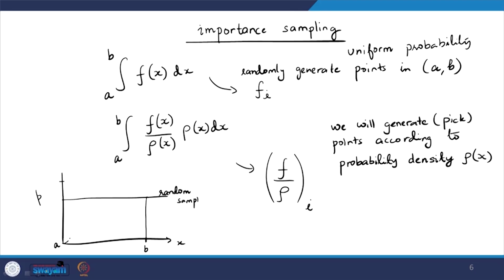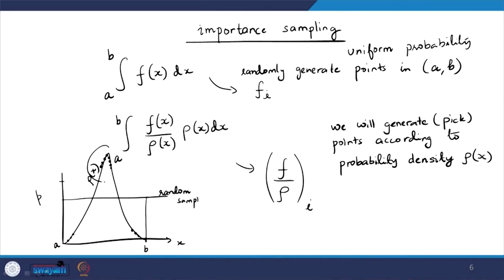Now, I can imagine any kind of a weighting function. So, this becomes my rho of x, and I will generate points according to that. So, that would mean that I will generate fewer points here, and more points here. And why would I do that? I would do that because the value of the integrand is higher in these regimes.